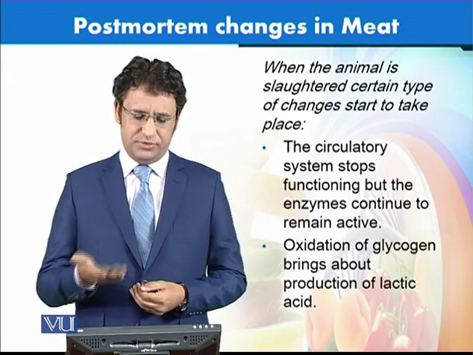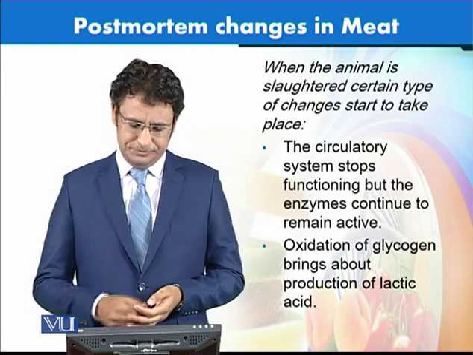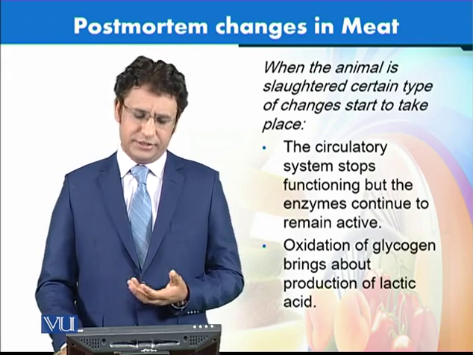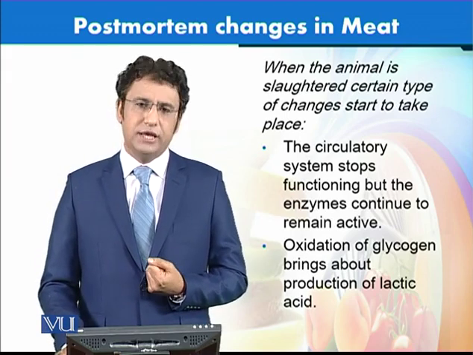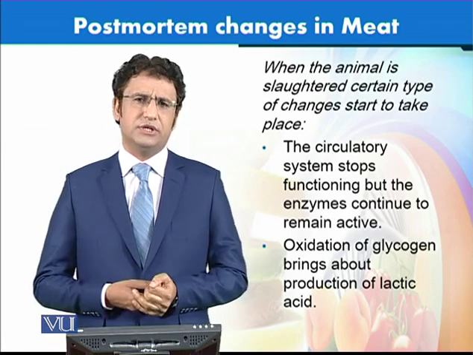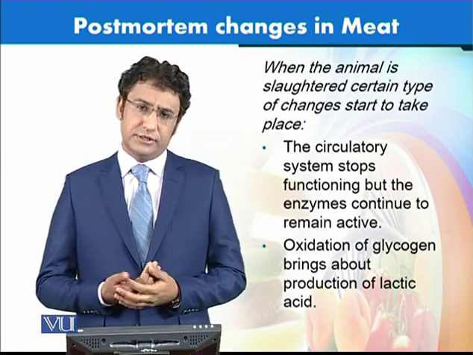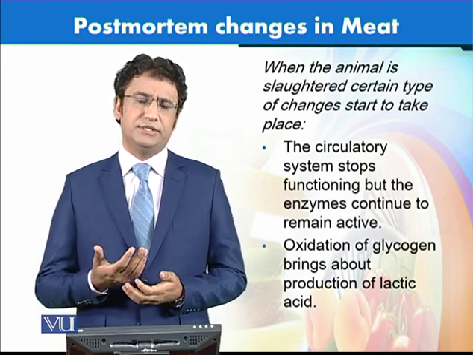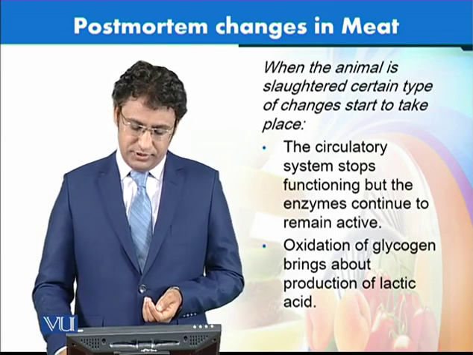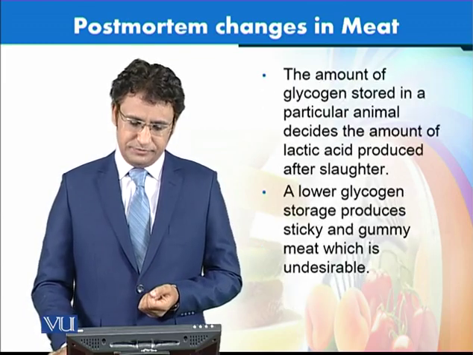They do not stop their functions immediately. So the oxidation process starts taking place, especially for the glycogen that is present in muscles. This glycogen is converted into lactic acid. This lactic acid makes the meat a little more acidic, and it changes the pH of the meat.